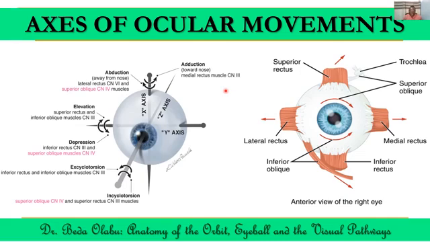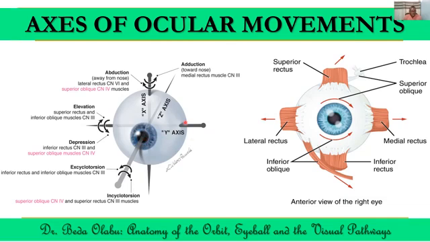Just imagine your eye. The first one, let's describe this one, is the transverse axis, or what is written here as the y-axis. The transverse axis runs right to left. On this axis, the eye can go up and down. For you to understand the movement of the eye, understand that it's the position of the pupil that changes.